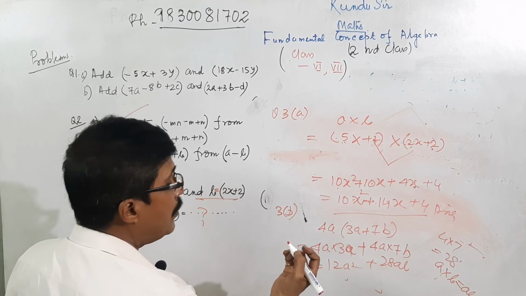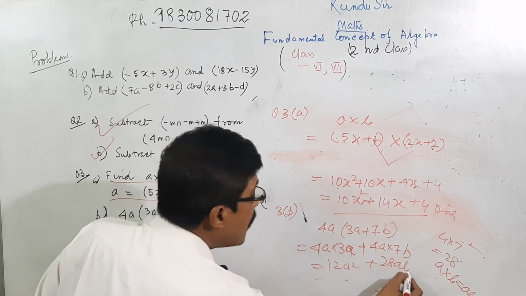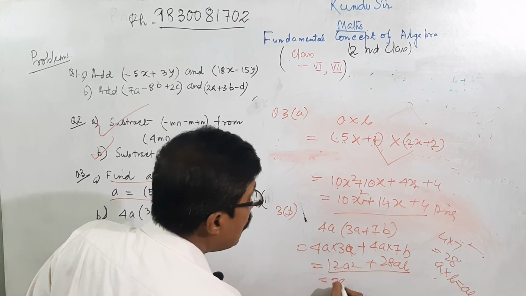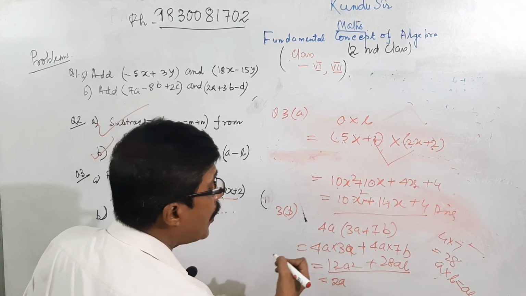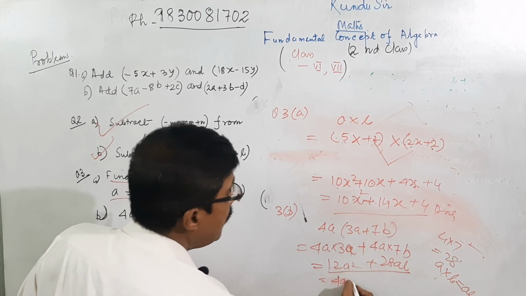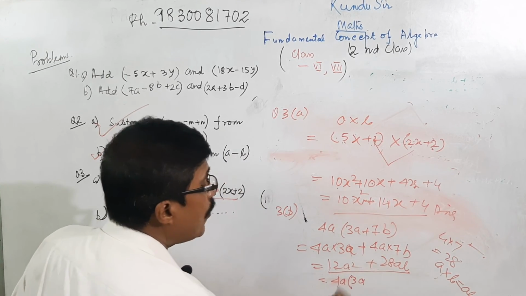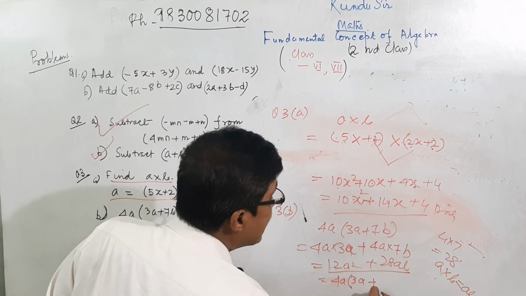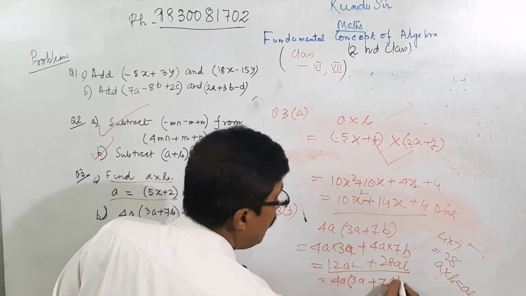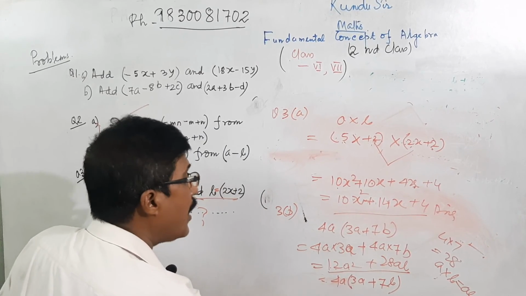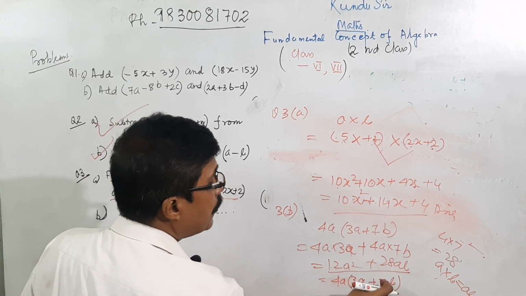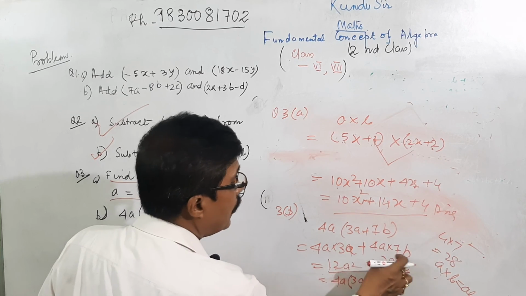Now we can take common 4a, and it will be 3a plus 7b. If you multiply this out, we will again get this term: 4 into 3, 12, a into a, a square; 4 into 7, 28, a into b, ab.